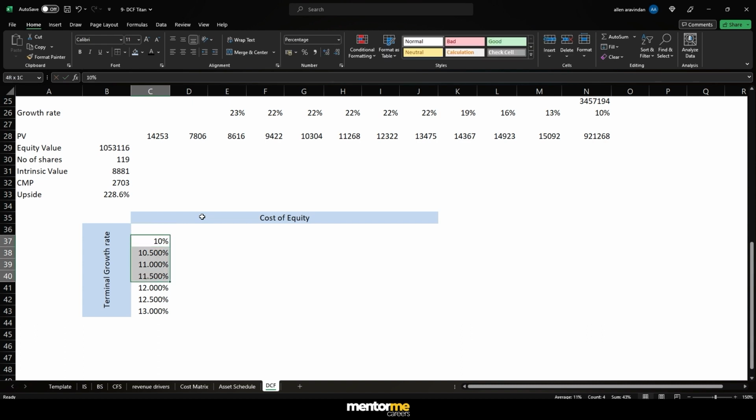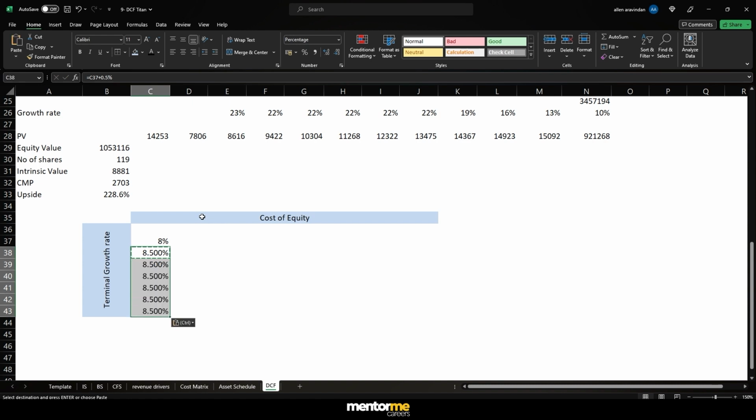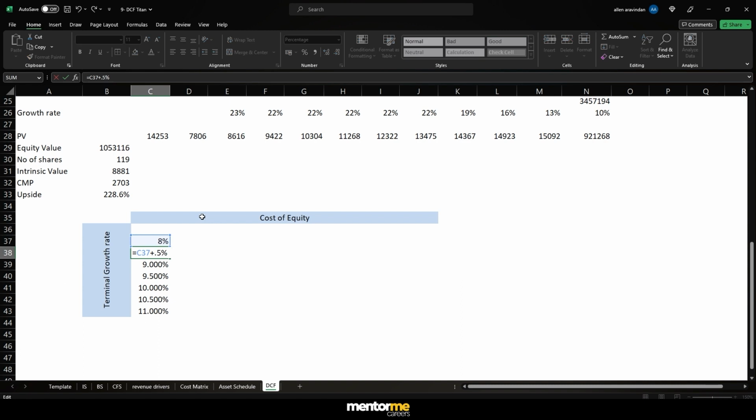In fact, we can start below the terminal growth rate at 8% as well. 0.5%. Let's try to increase that a little bit more so that we also get some upside values. So let's make a change of 1%, right?